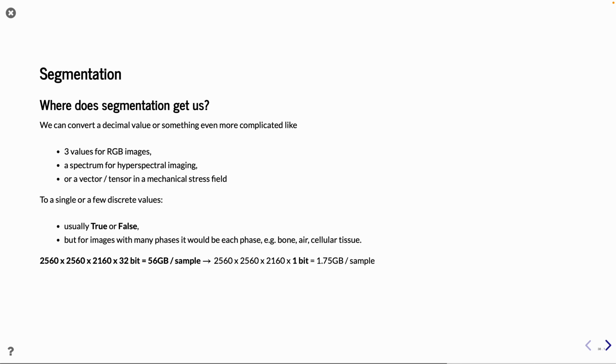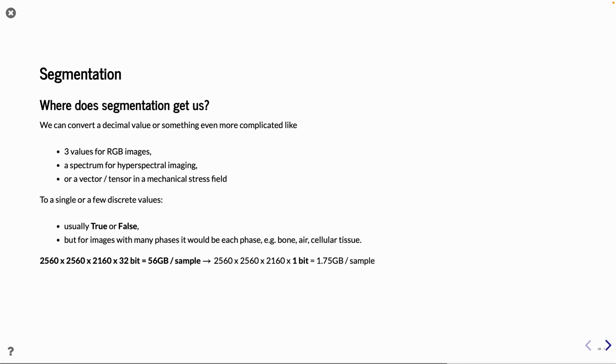Segmentation, what does it really get us? If we have started our analysis, you knew from before that we had maybe 32-bit images or maybe 16-bit images, and that gave us quite a lot of data. And sometimes it's actually sufficient to only have discrete values.